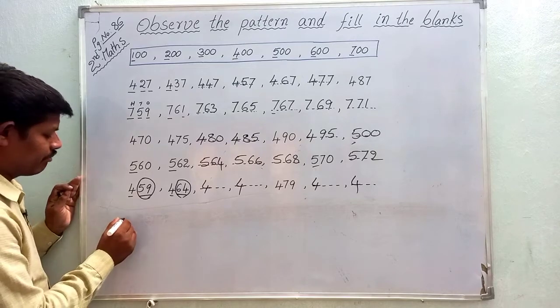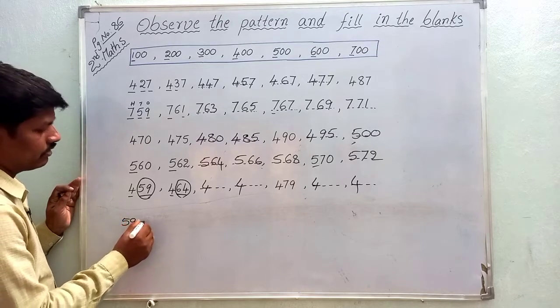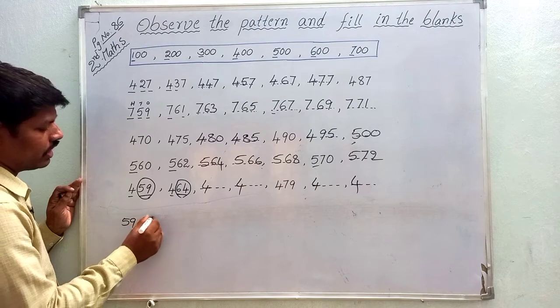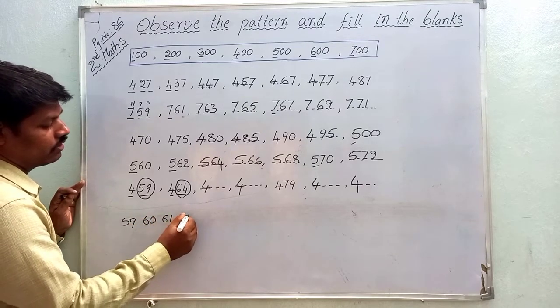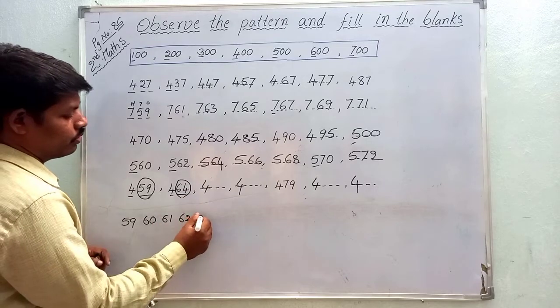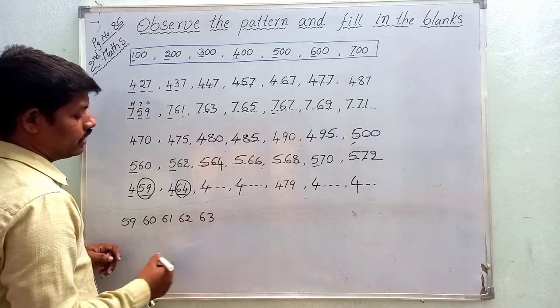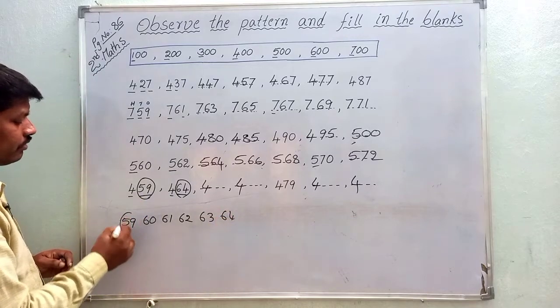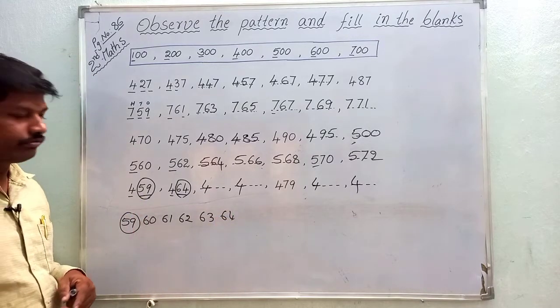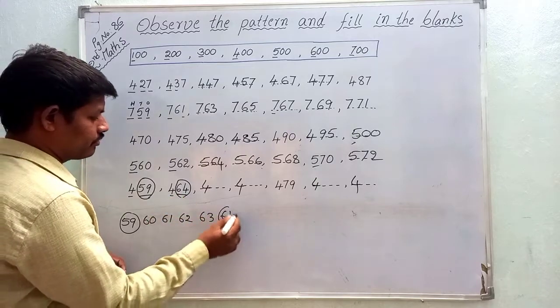Let us write the numbers. 59, 60, 61, 62, 63, 64. First we have taken 59. Next 64.